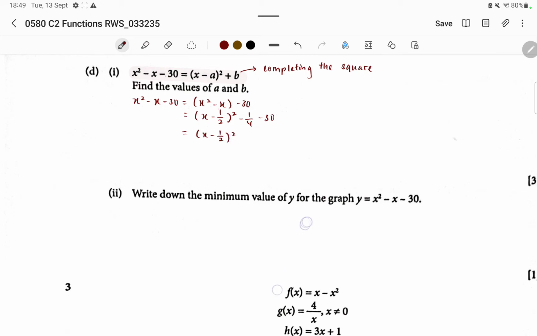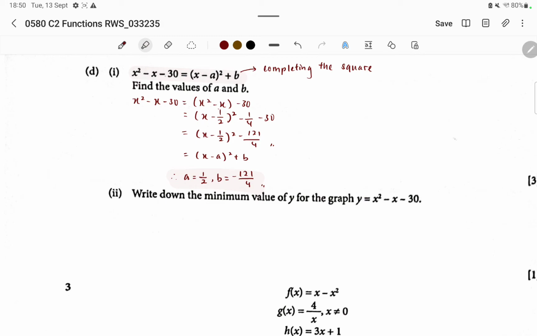This one, press calculator, you should get negative 121 over 4. So when we compare it, x minus a square plus b, therefore a equals 1 over 2, because here also negative. And then b is actually negative 121 over 4. This will be your final answer.